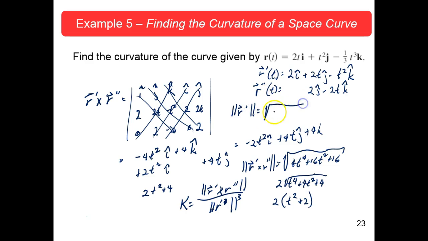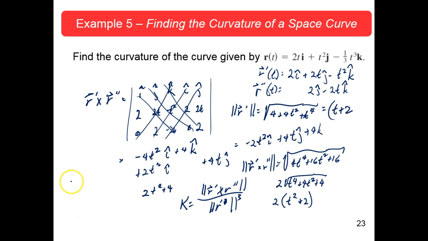That's equal to the square root of 4 plus 4t squared plus t to the fourth, which happens to be t squared plus 2. Now we're going to cube that.